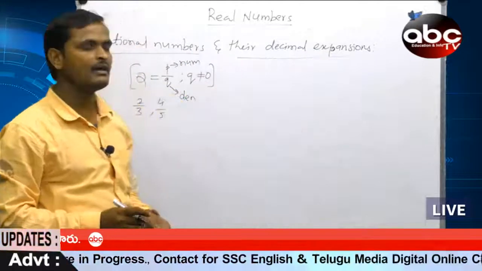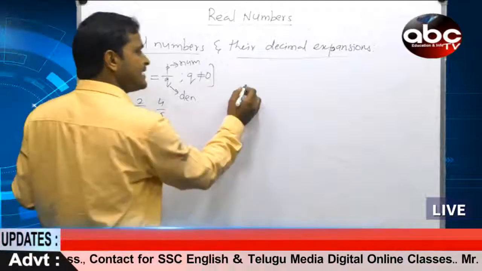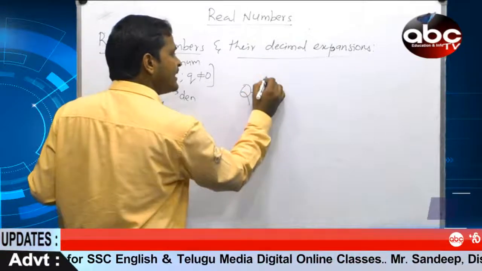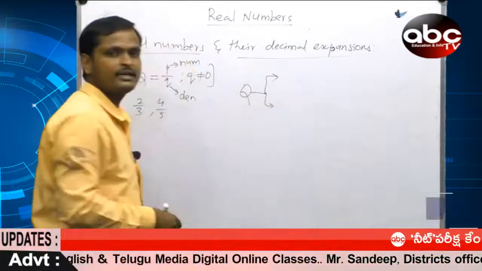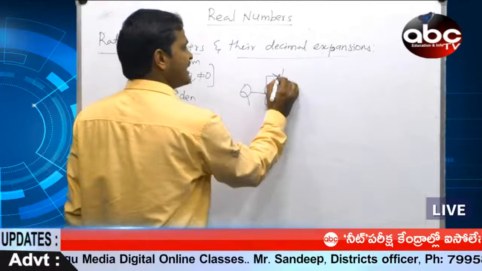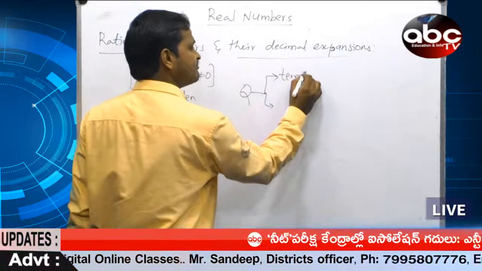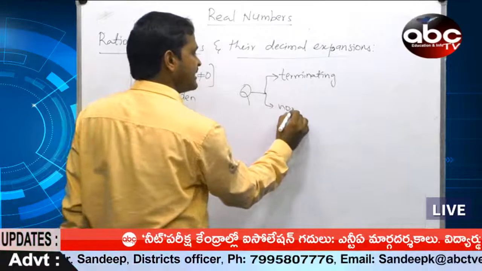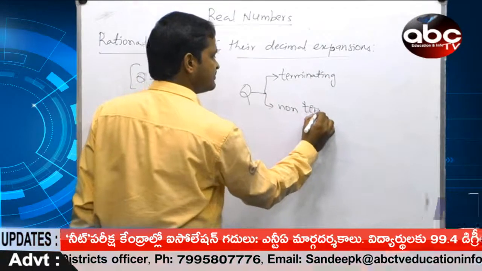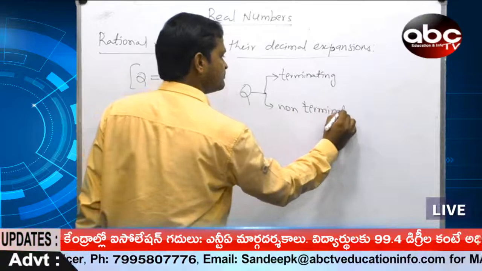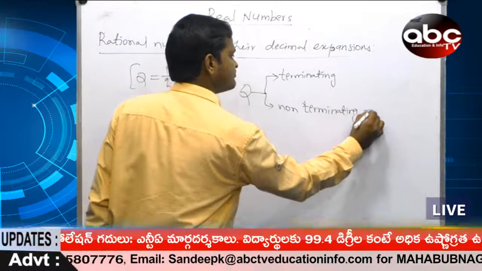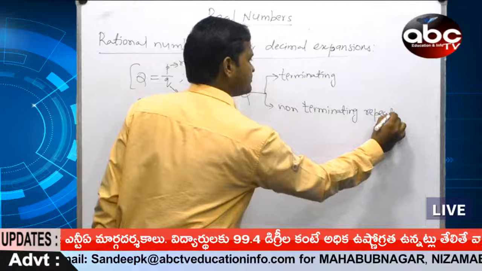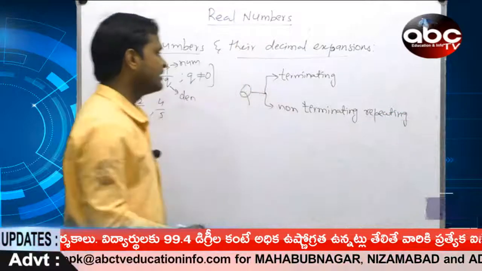You already know decimal values. Rational numbers can be divided into 2 types: terminating and non-terminating.